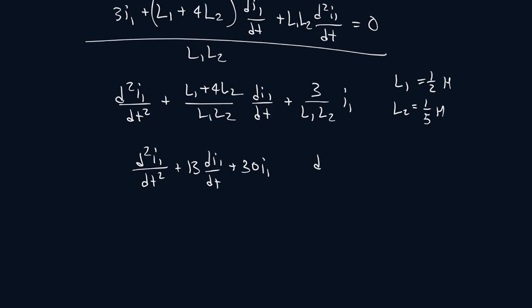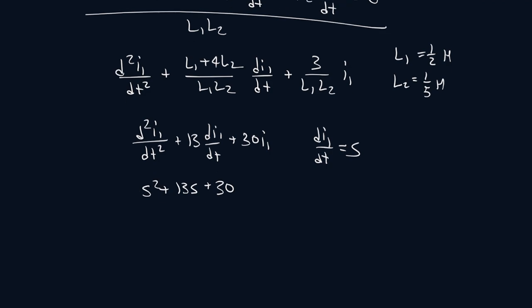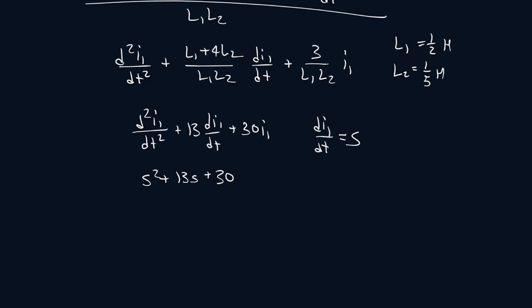And we're going to let d/dt equal s. And hold on, this looks like a 5 there. Okay, now our alpha is going to be this value times 1 over 2. And our omega is going to be this squared.